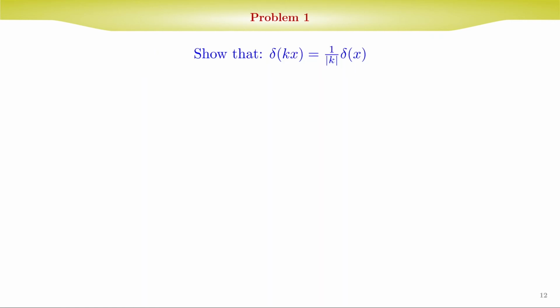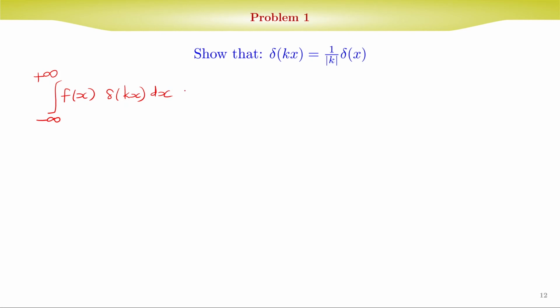Another important property of the delta function is that delta(kx) is equal to 1 over modulus of k times delta(x). To prove this, consider an arbitrary test function f(x). Now we consider the integral of this function from minus infinity to plus infinity multiplied by the delta function of kx.